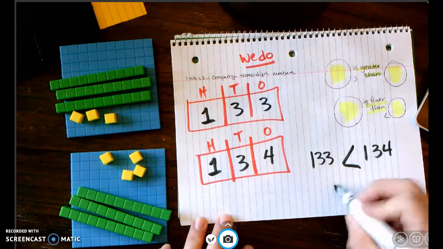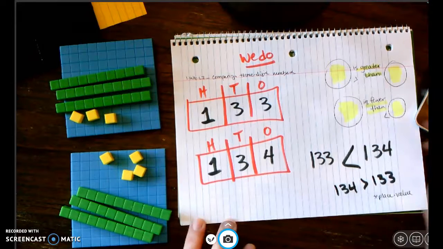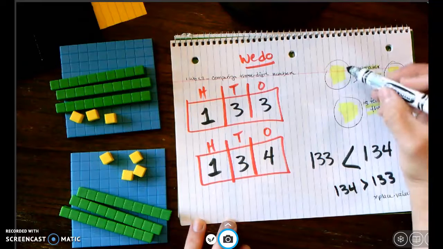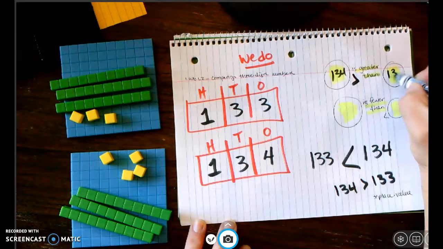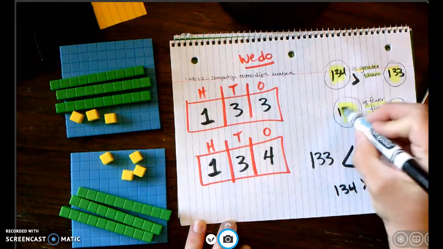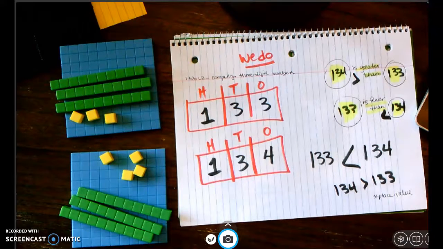Or we can say that 134 is greater than 133. So your simple sentences should read, 134 is greater than 133. Or I can say 133 is fewer than 134. Did you get that one correct? If not, go back and check. If you did, pause this video, go back to your workbook, and we're going to finish our day off.